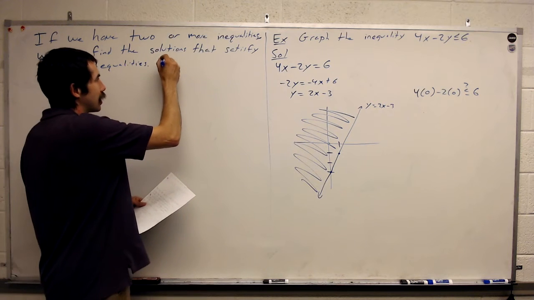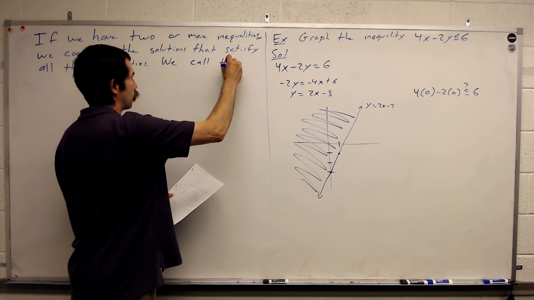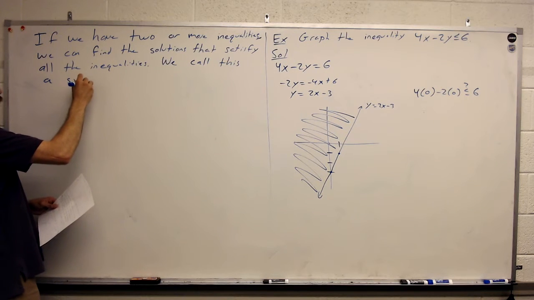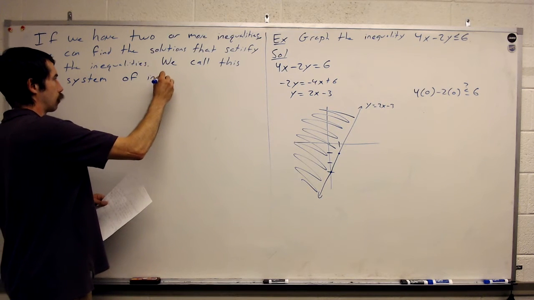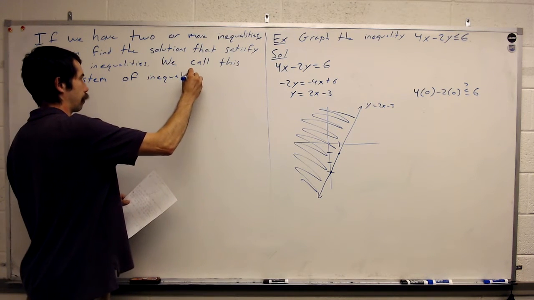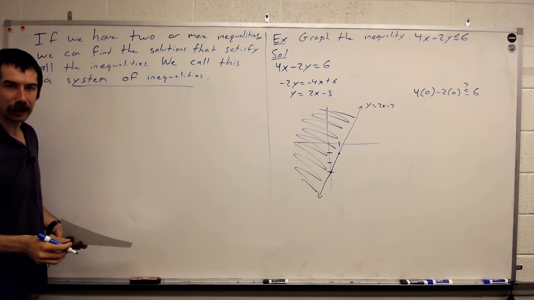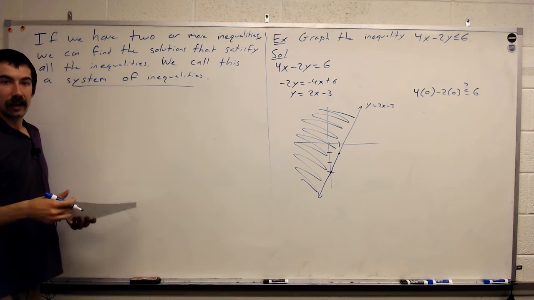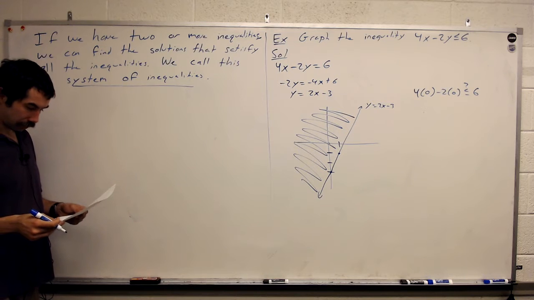We call this a system of inequalities. Kind of like a system of equations was the set of points that satisfied a bunch of equations. A system of inequalities is the set of points that satisfy a bunch of inequalities.